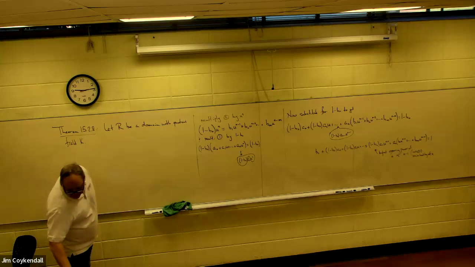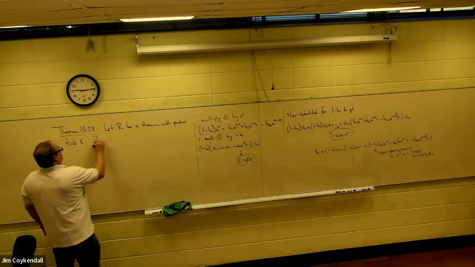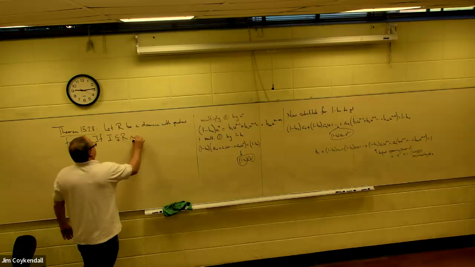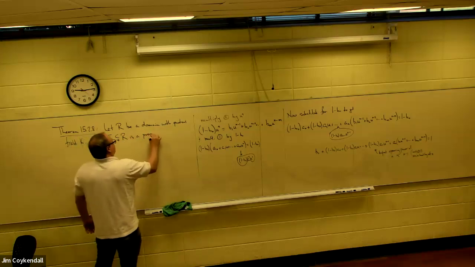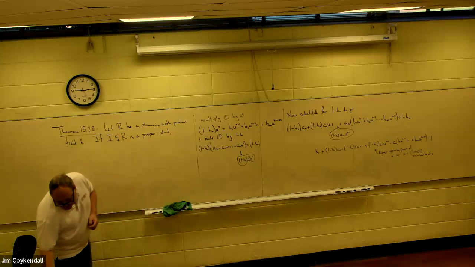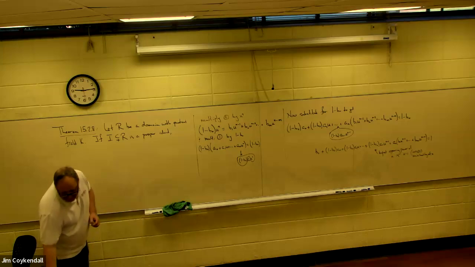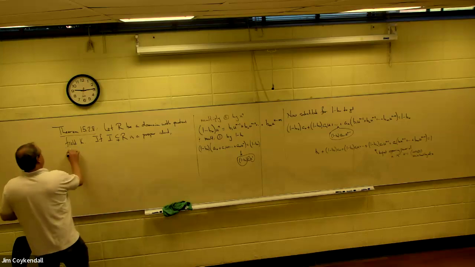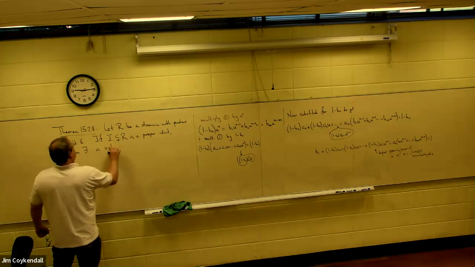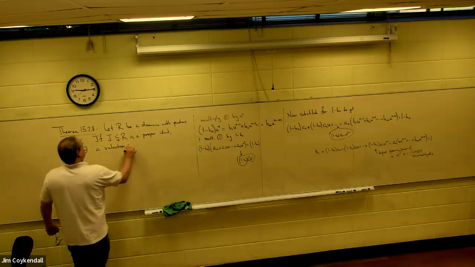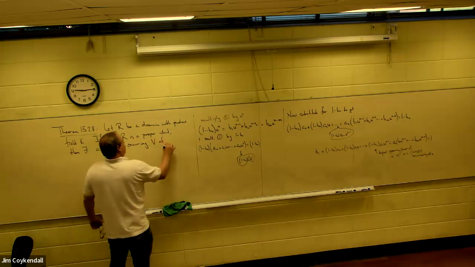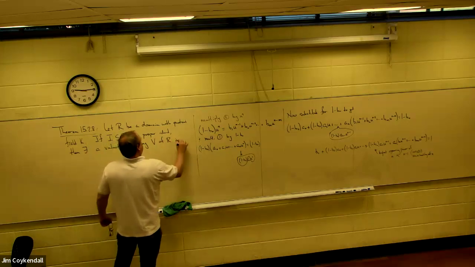If I is a proper ideal, there exists a valuation overring of R where I survives.